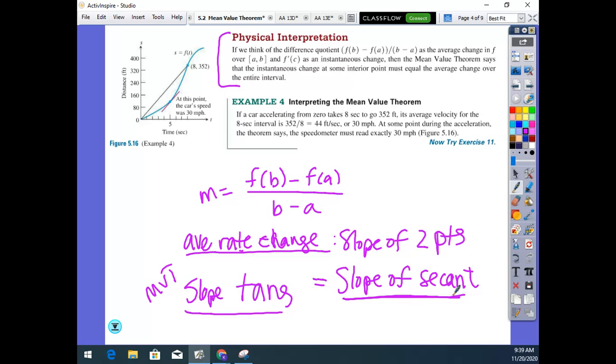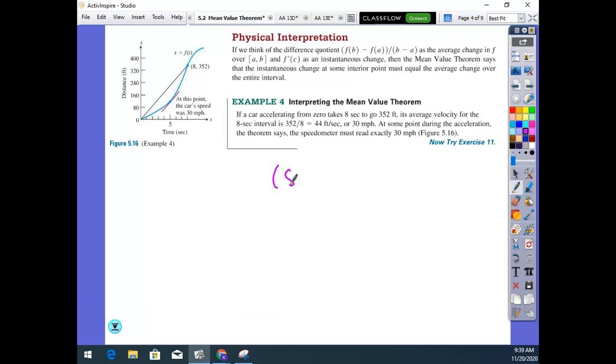If a car accelerates from 0, if it takes 8 seconds to go 352 feet, then its average is 44 feet per second, or 30 miles per hour.